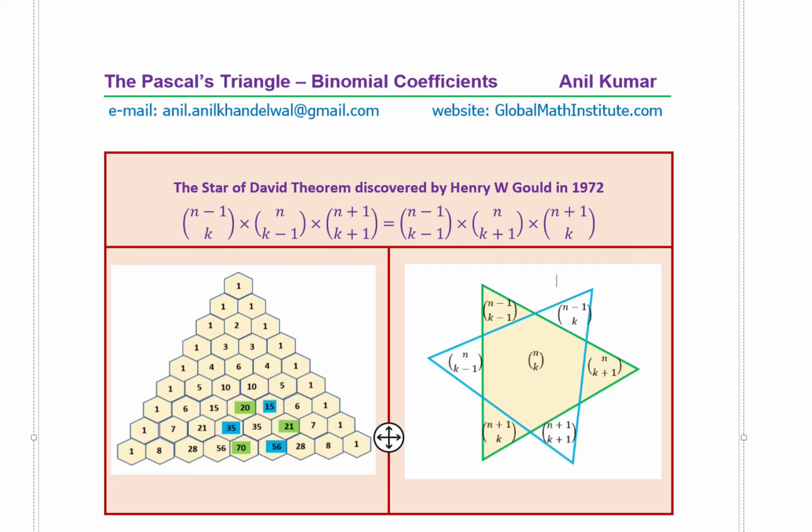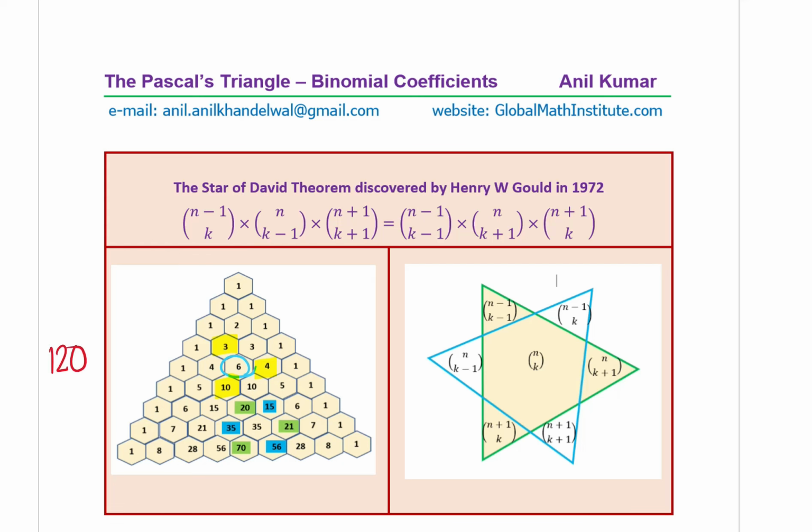For example, you can now choose a number, let's say 6, correct? And you could choose numbers which are diagonally placed. So when you're taking a number here, on the top side, the bottom side, and on this side, these are diagonally placed, whose product is 4 times 3 times 10, which is 120, for example, correct?